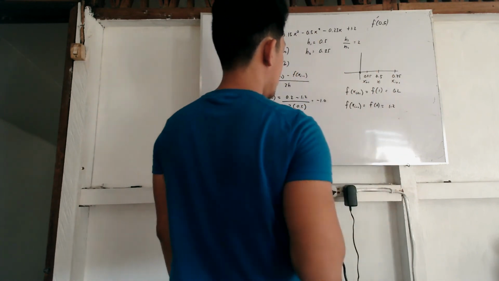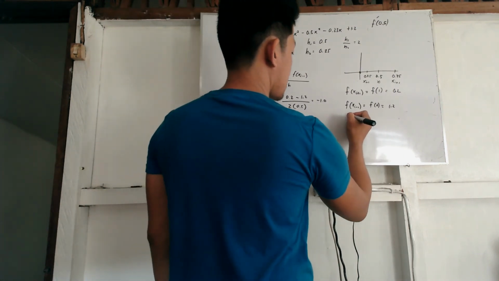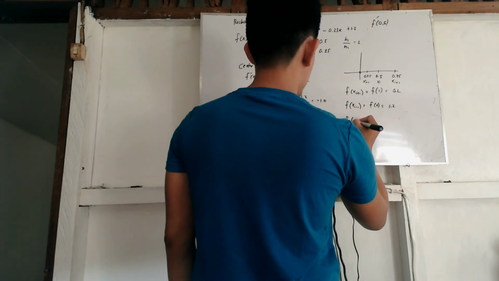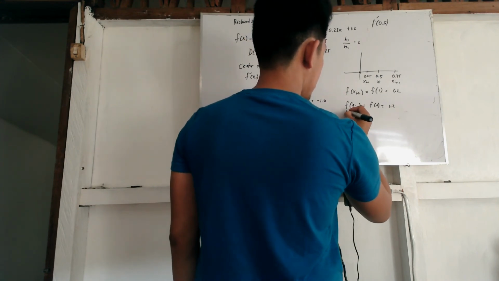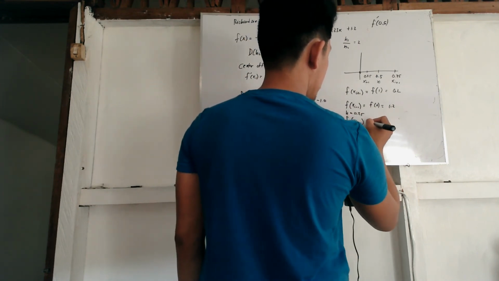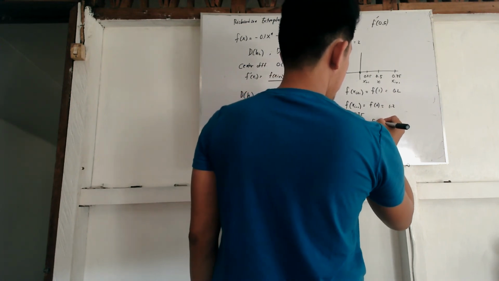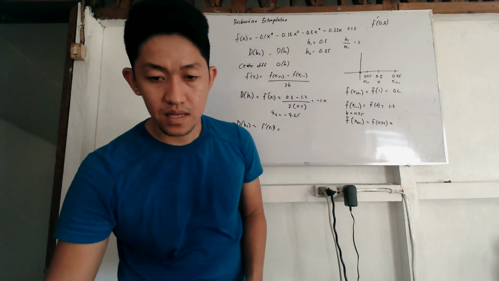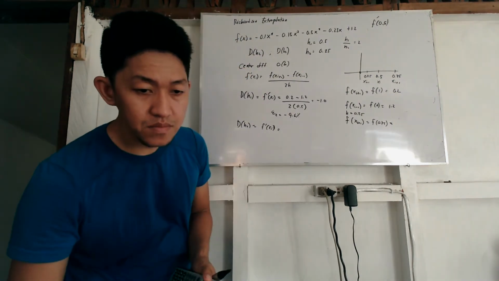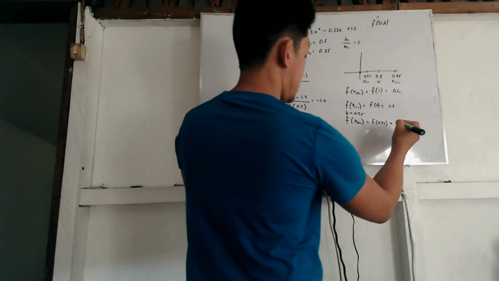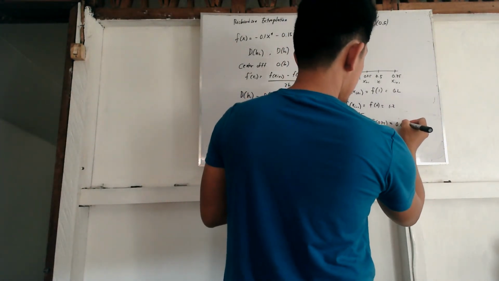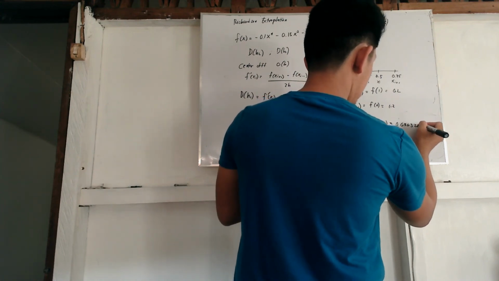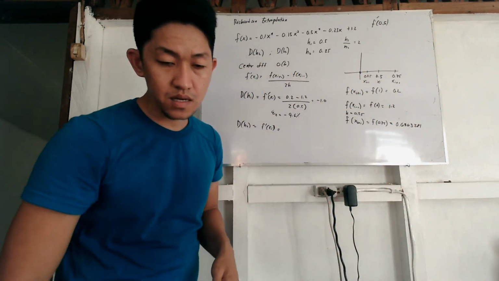So you have f of xi plus 1, h equals 0.25, this is f of 0.75. Now, the value of f of 0.75 is 0.6363281. Okay?